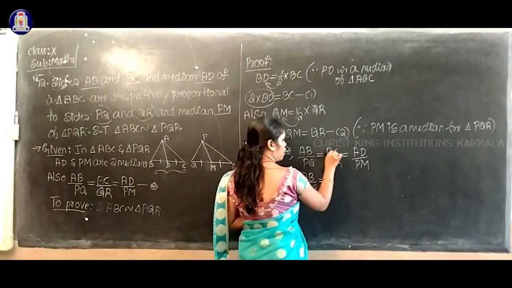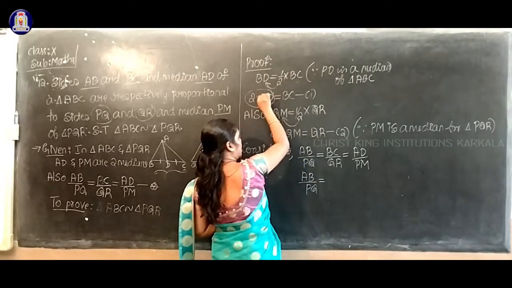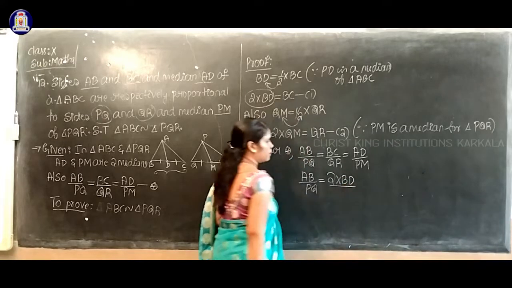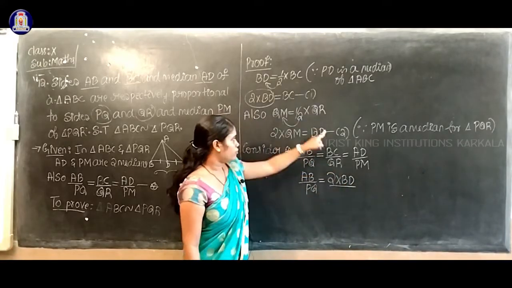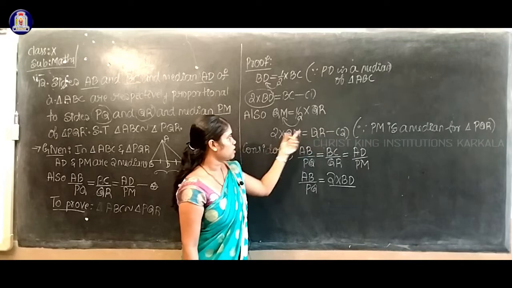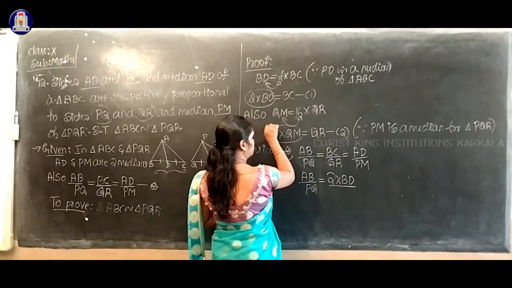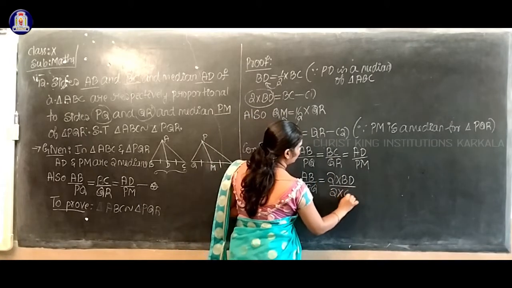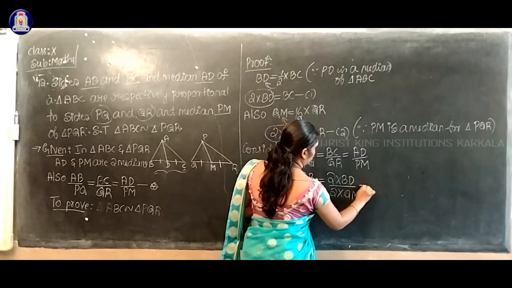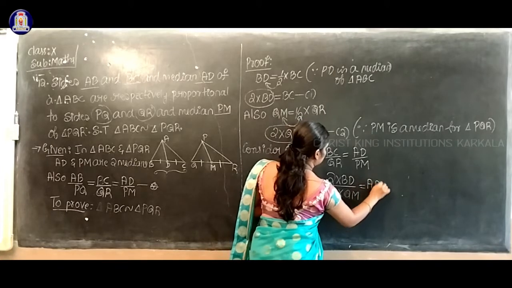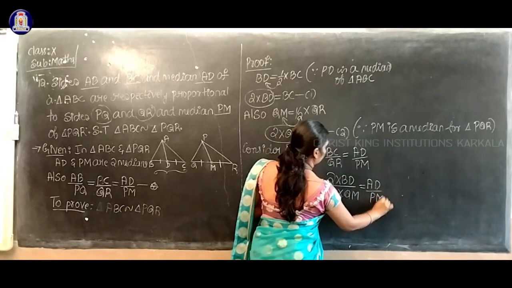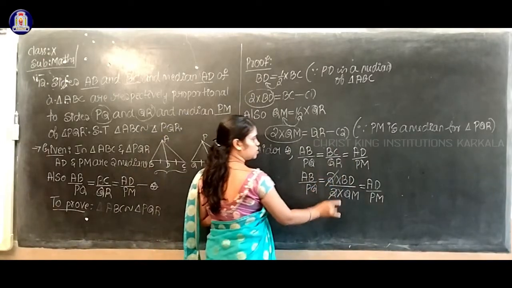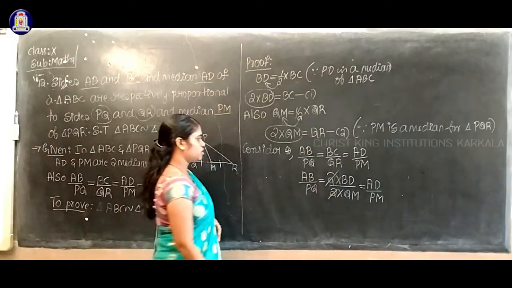And by QR, from equation number 2, in the place of QR, replace 2 into QM. Equal to this third ratio, write it as it is, AD by PM, no changes. Now, can I cancel this 2 and 2? Yes. Then what will I get?